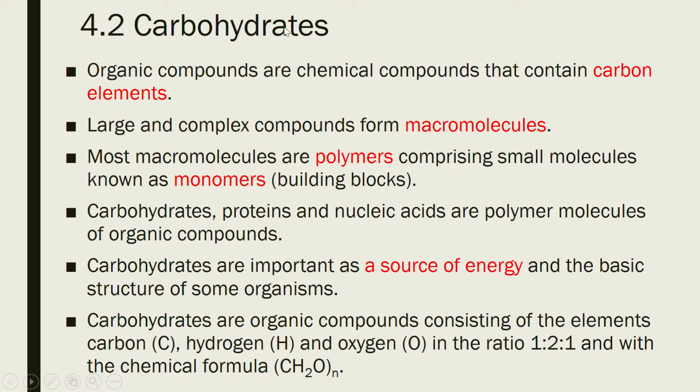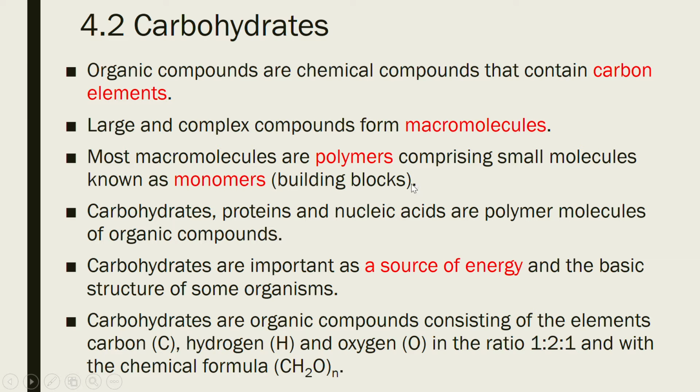So carbohydrates are actually large and complex compounds that form macromolecules. The word macro means large. So most macromolecules are polymers. What are they? They comprise small molecules known as monomers. You can imagine those building blocks, we call them monomers.